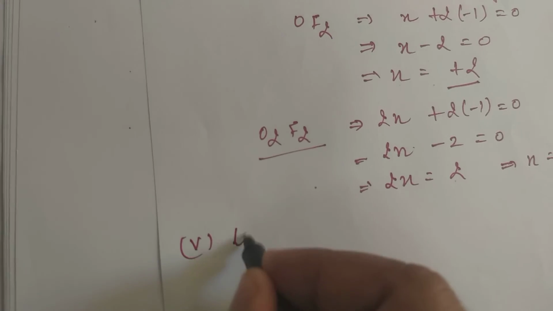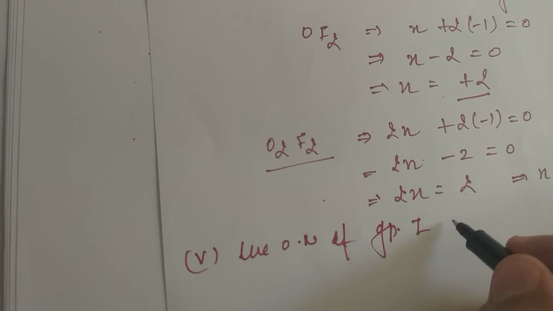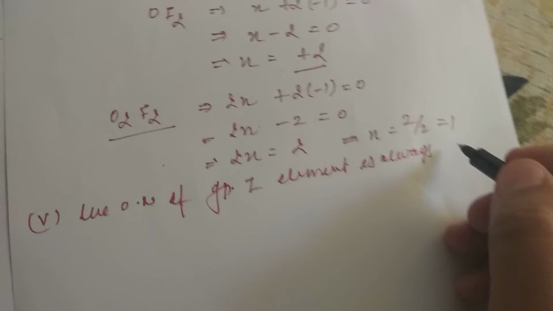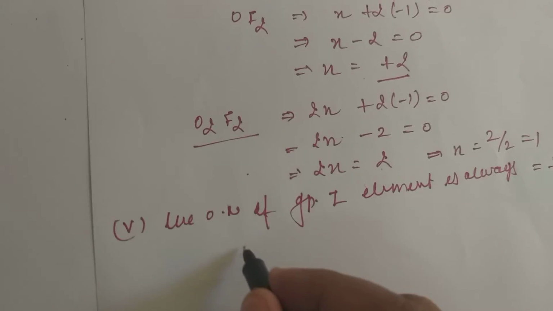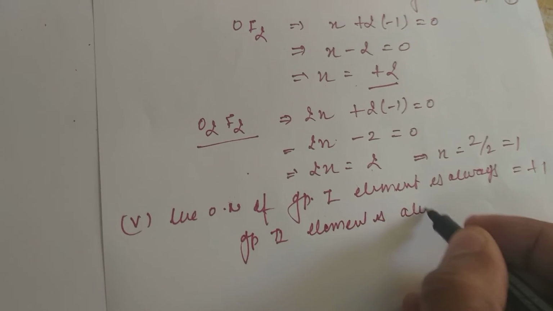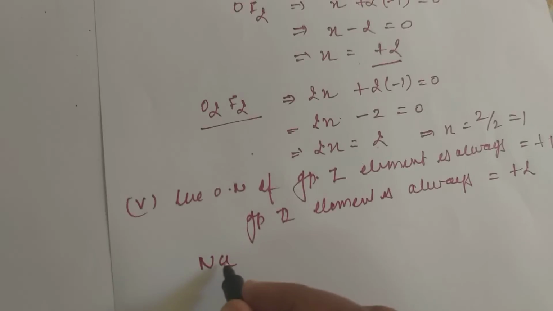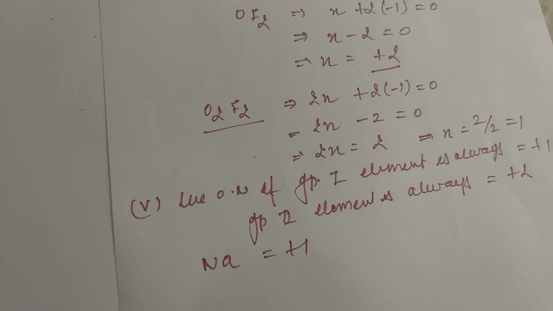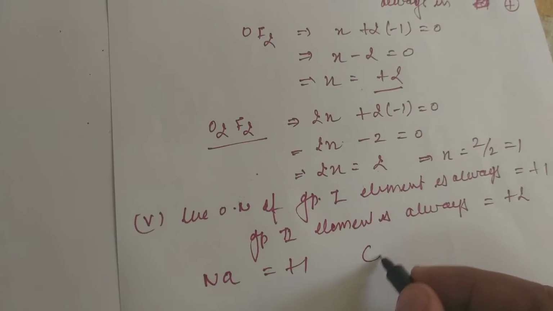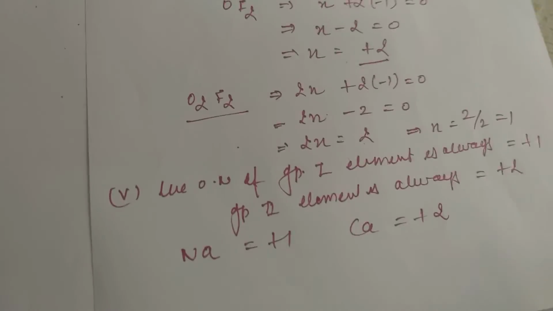Now fifth, the oxidation number of group first elements is always plus 1 and group second elements is always plus 2. Meaning is that sodium, in all the compounds of sodium, its oxidation state will be plus 1, in compounds, not in free state. The same way calcium, in all the compounds of calcium, the oxidation state of calcium will be plus 2.